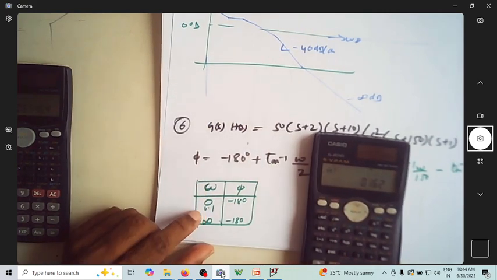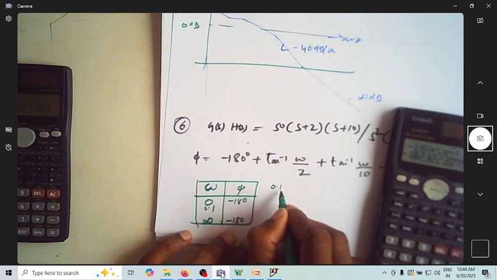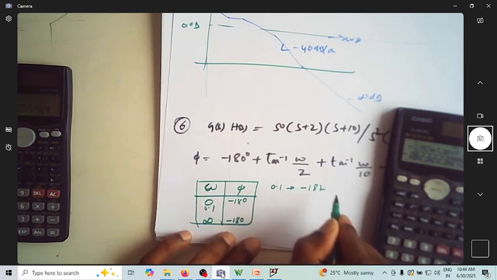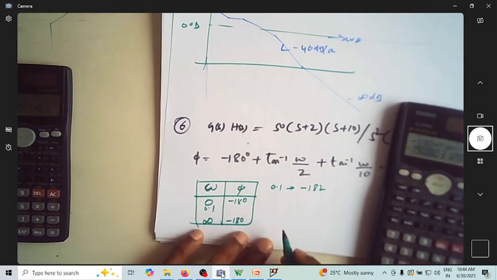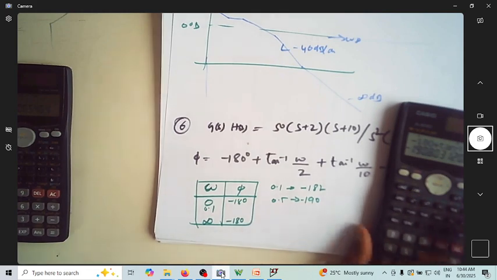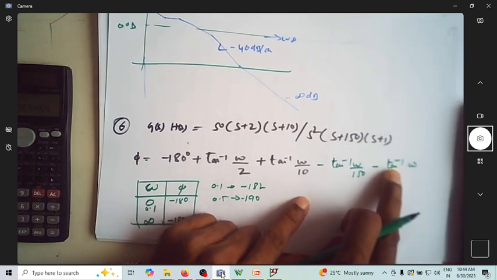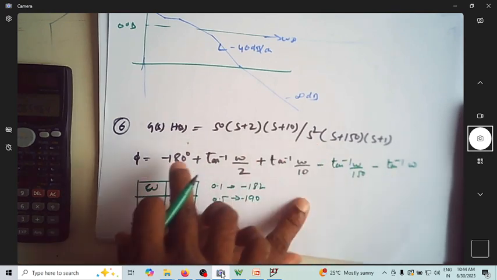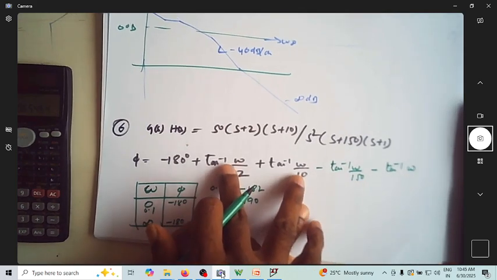Let me calculate for 0.1. The phase angle is minus 182 degree. For 0.5, it has become minus 190. Initially there are two poles at the origin and one at minus 1, and you have two zeros at this point.